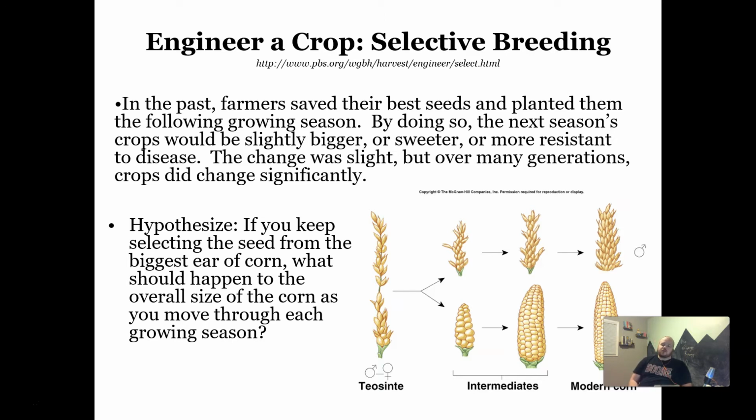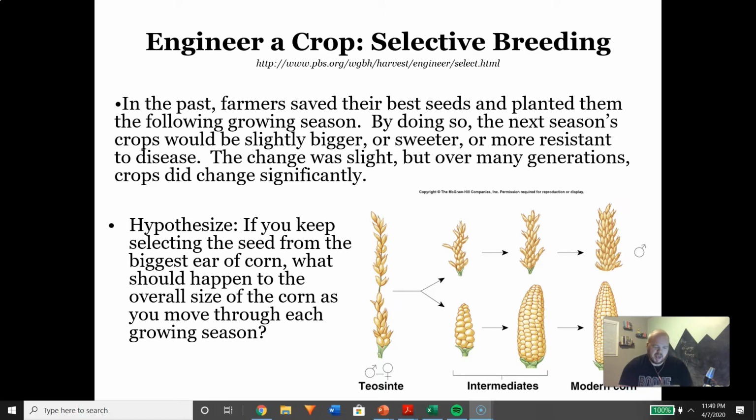So if you picked a trait, for instance, we're going to talk about corn here in a second, when you pick the trait for something like corn, it changes how it is going to look and appear for the modern consumer. So, for instance, here the hypothesis: if you keep selecting seed from the biggest ear of corn, what should happen to the overall size of the corn as you move through each growth season? Well, the corn's likely to keep getting bigger.